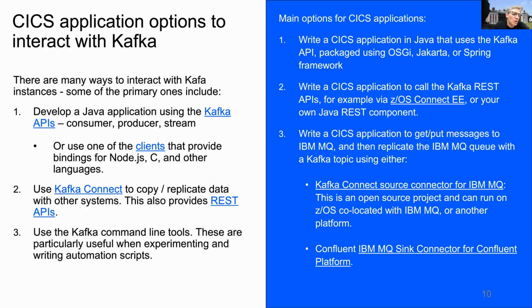You could modify a lot of the Kafka examples out of the box, and if you package them as an OSGi application, you just need a bit of extra code to accept the data from a COMMAREA or channel, or TSQ, and then use the Kafka APIs just as the examples show you. That would work with a very low effort of configuration and setup.